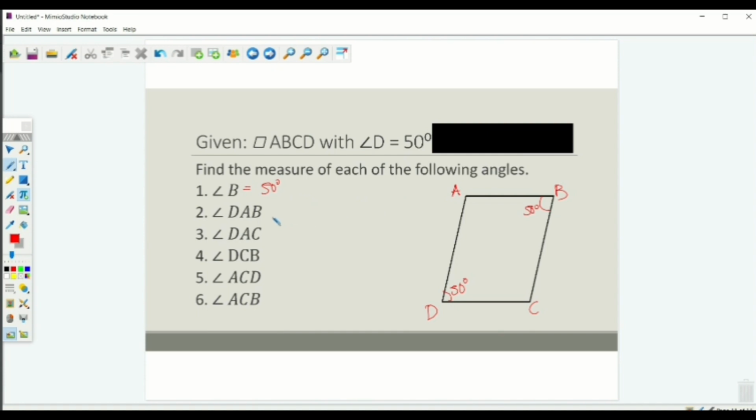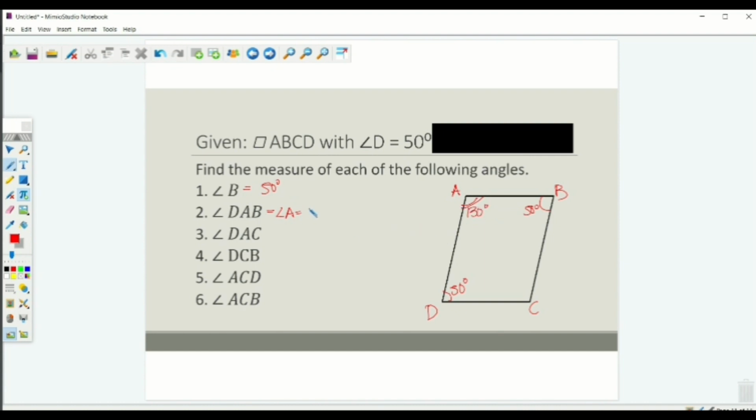Next, to find the measure of angle DAB, this is the same as angle A. So DAB, so this one. So angle A and angle B here are consecutive angles, meaning the sum of these two angles is supplementary, meaning 180. So 180 minus 50, angle A measures 130 degrees.